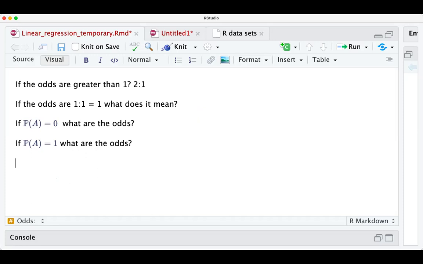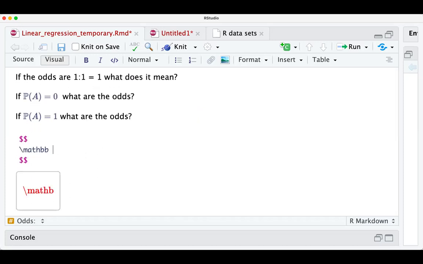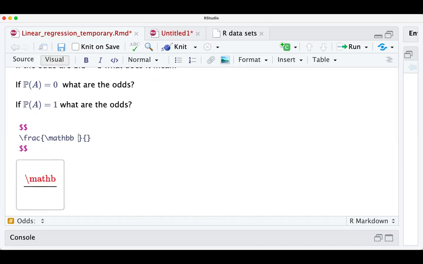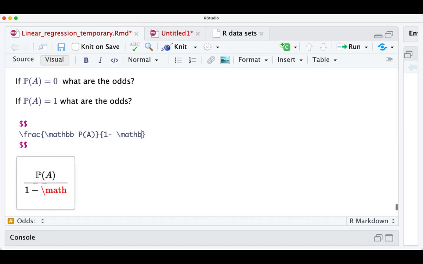Yes, it means that the probability of A is greater than... so let me prove it. The probability of A divided by 1 minus the probability of A is greater than 1.